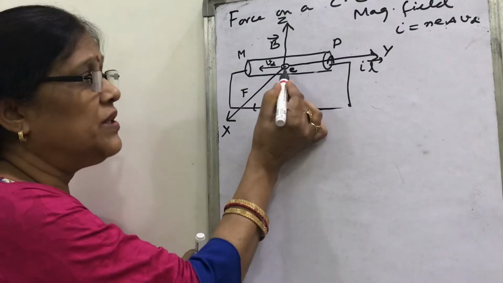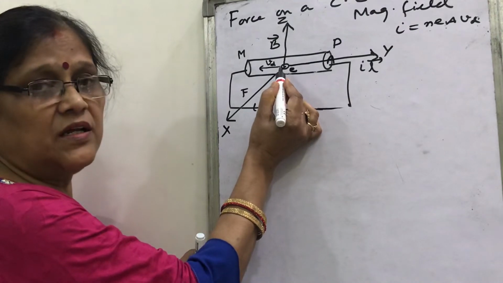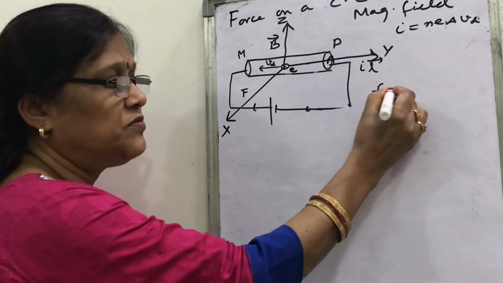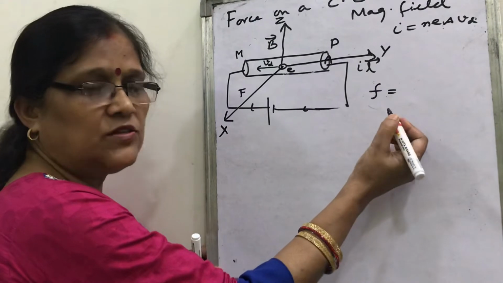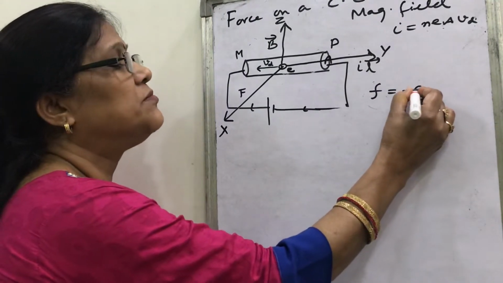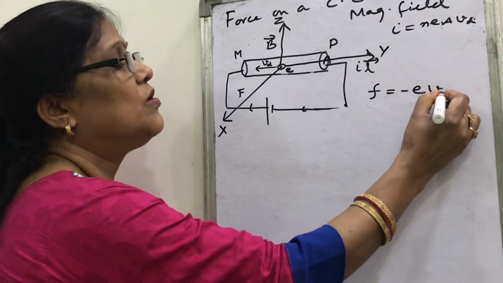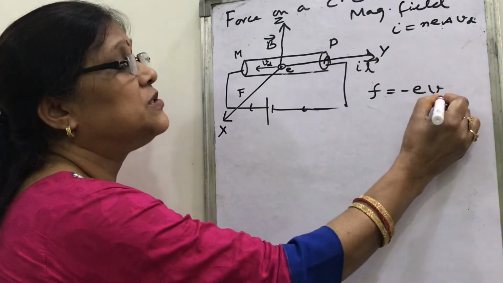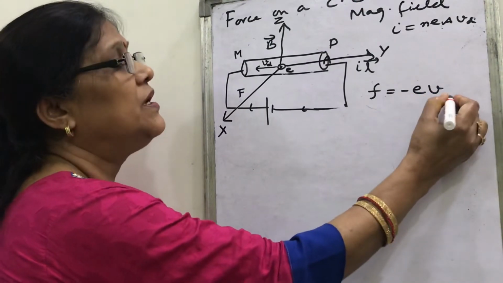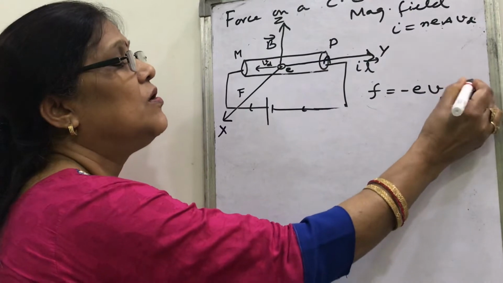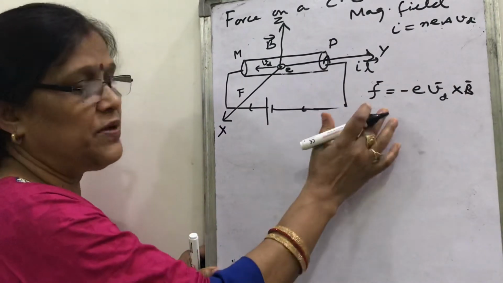So you know, when the electron or charged particle experiences a force when it moves in magnetic field, we have read this is the Lorentz force. What is the Lorentz force? This is minus e VD cross B, that is, q into minus e, V into B. We have read this yesterday in the previous video.